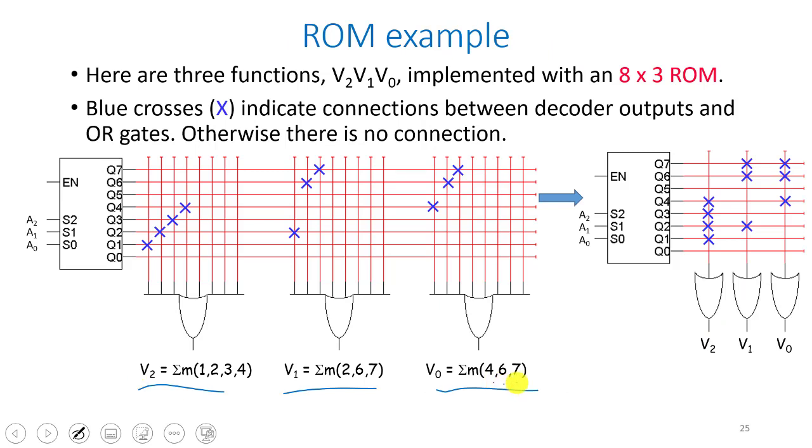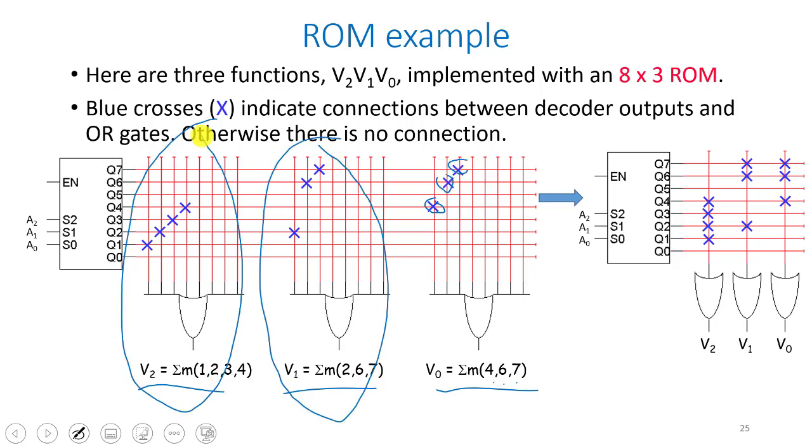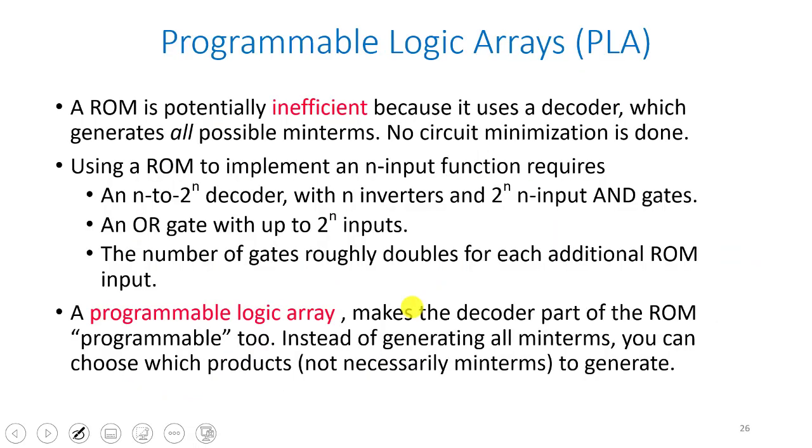So we draw the line like this. We put an OR gate and we put an X on 4, 6, and 7, and we do the same for V1 and V2. To make things simpler, instead of drawing 8 lines going down here, we just draw 1 line, and it's understood that it is an 8-input OR gate. Next step is using programmable logic arrays, which is the commonly used method.